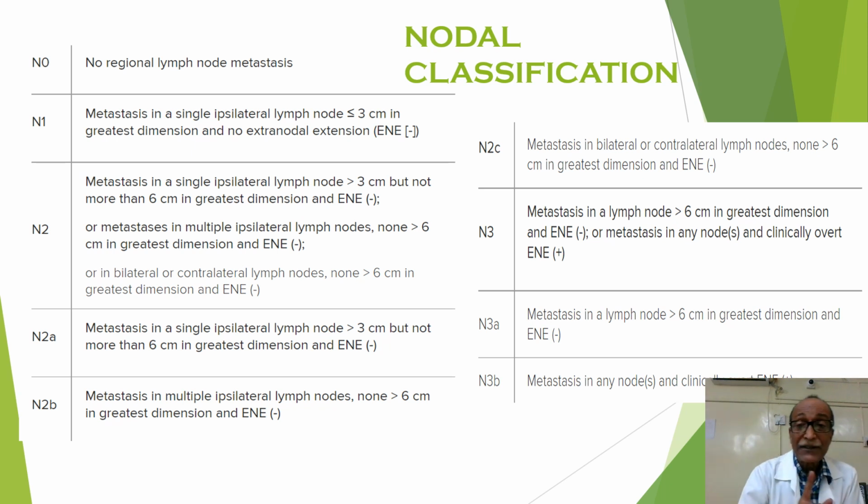So N2 is divided into ipsilateral and contralateral. If you have got contralateral involvement on top, then you have got a higher N stage. To summarize, N is N1, N2, and N3. N2 is of 3 types. 2A and 2B are ipsilateral, but 2C is contralateral.